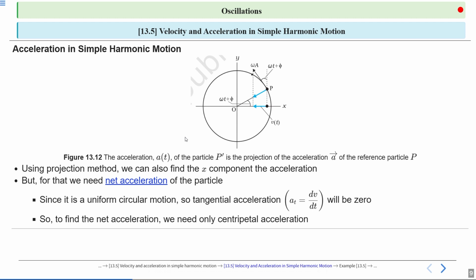So to find the net acceleration, we only need to consider the centripetal acceleration. Centripetal acceleration always points toward the center of the circle and is responsible for changing the direction of velocity.